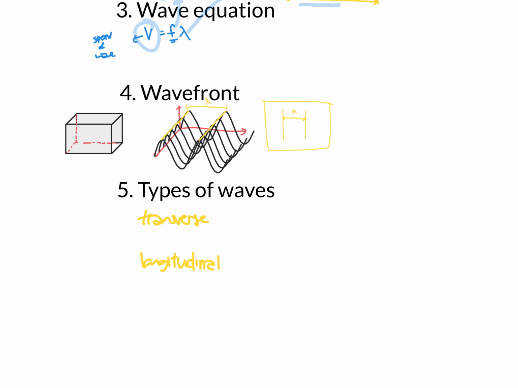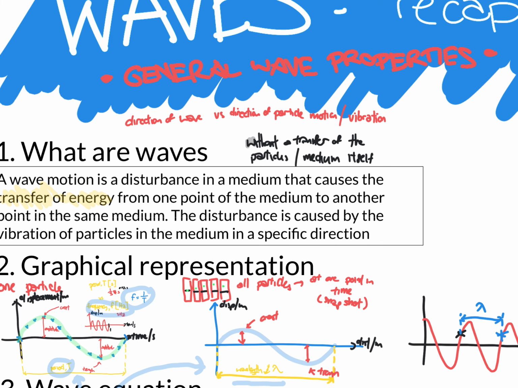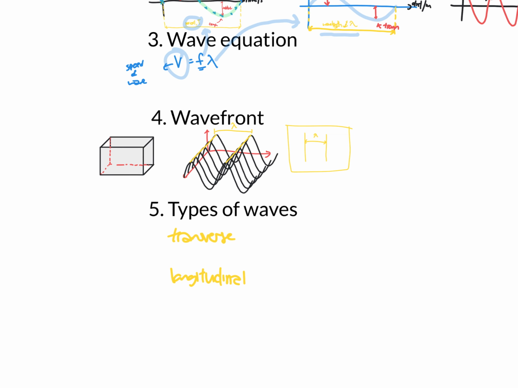But how they're different is in the particle motion, going back to this thing up here. We compare the direction of wave versus the direction of particle motion or vibration. For transverse waves, if the direction of my wave is from left to right, my particle direction or vibration would be perpendicular.